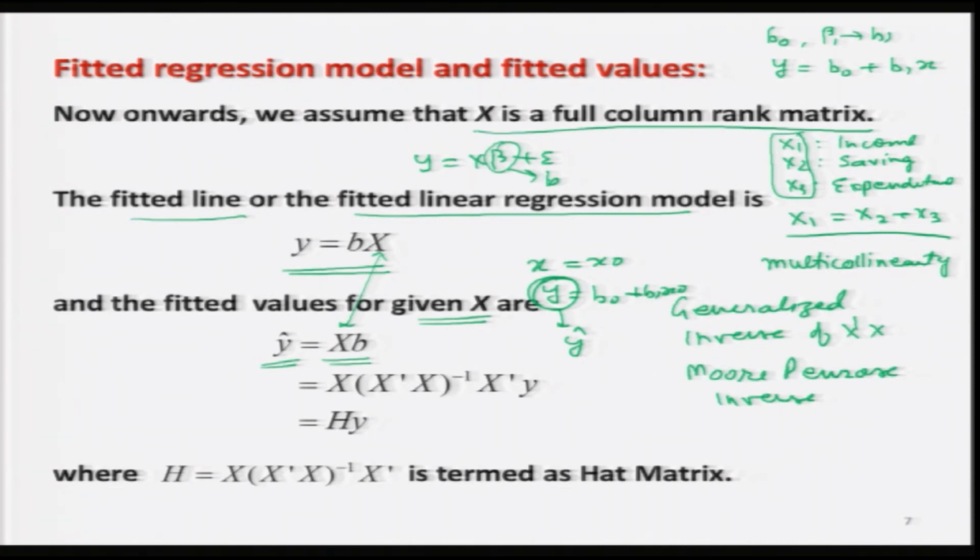And if I try to replace here the value of b, which is x transpose x whole inverse x transpose y, then I can write this y hat as Hy. So, what I am doing here is writing this component of the expression, x transpose x whole inverse x transpose, as H. Actually, this H is a very important matrix in regression analysis, particularly in multiple linear regression analysis.